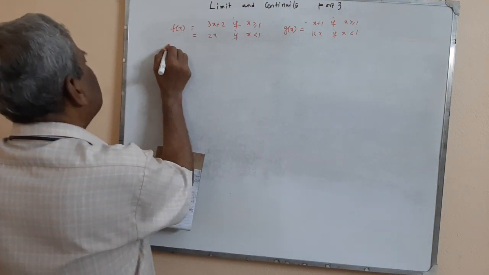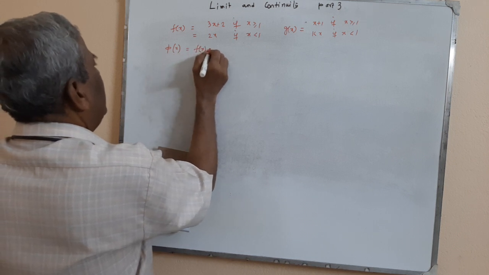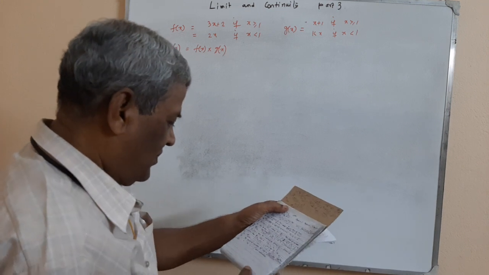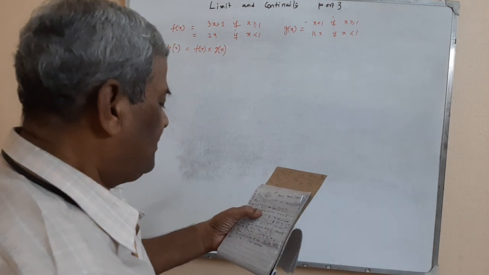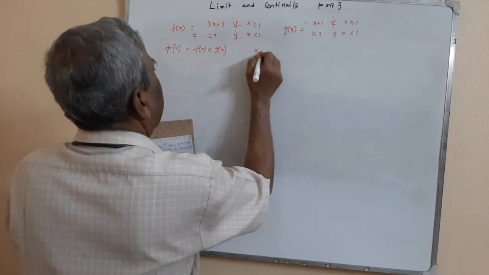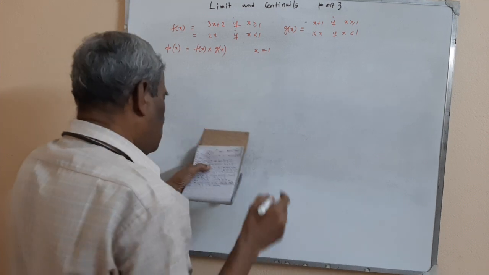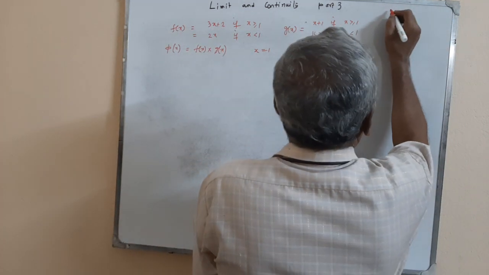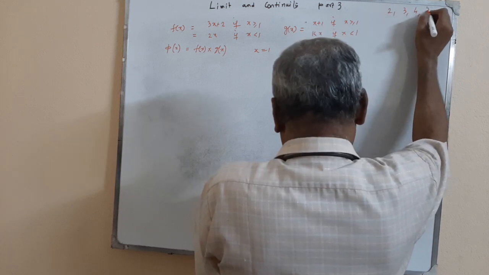If phi(x), the function f(x) into g(x), is continuous at x equal to 1, then the value of k is: options 2, 3, 4 and 5.